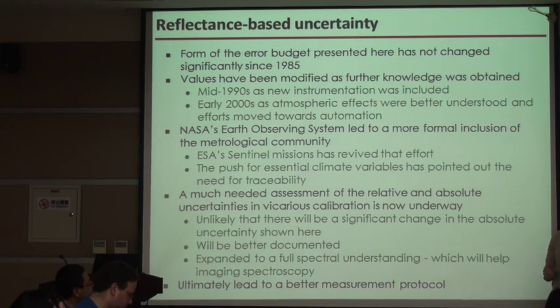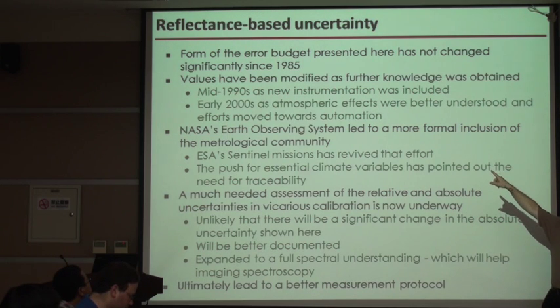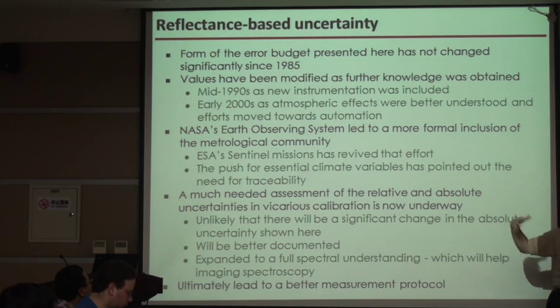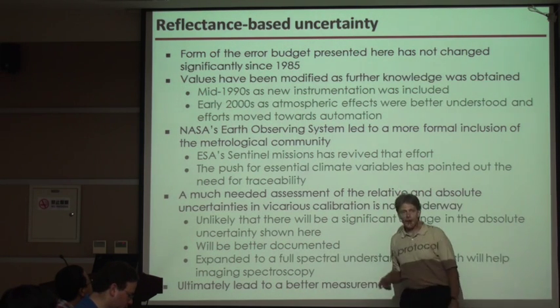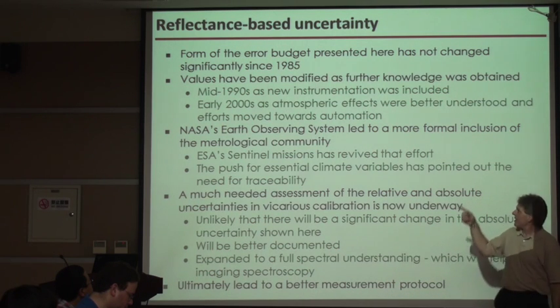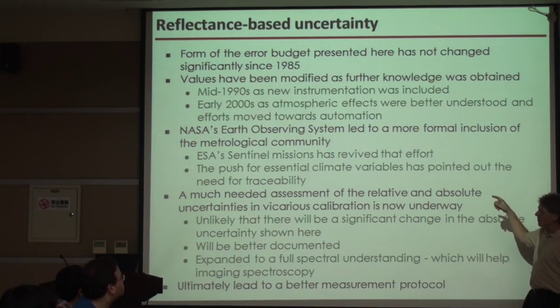They were done by optical engineers, and they labeled things in ways I do not like. So if you go back to 1985, that's where they started. In the mid-90s, they brought in new instrumentation, and they revised some of the numbers. In the early 2000s, I got involved, and I improved our understanding of the atmospheric effects, because that's what my background was. And basically, we ended up with some better numbers there.